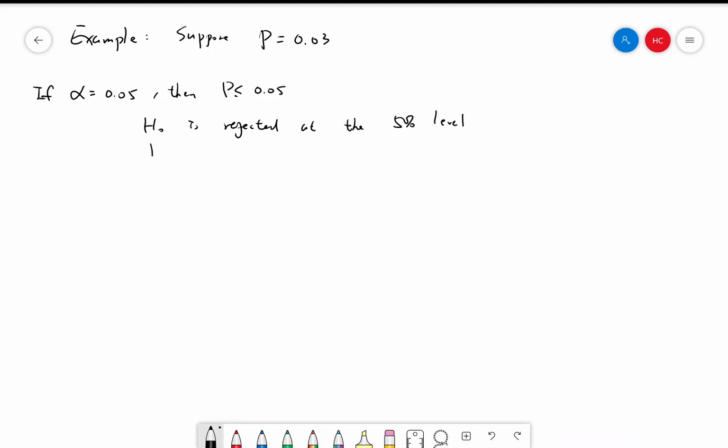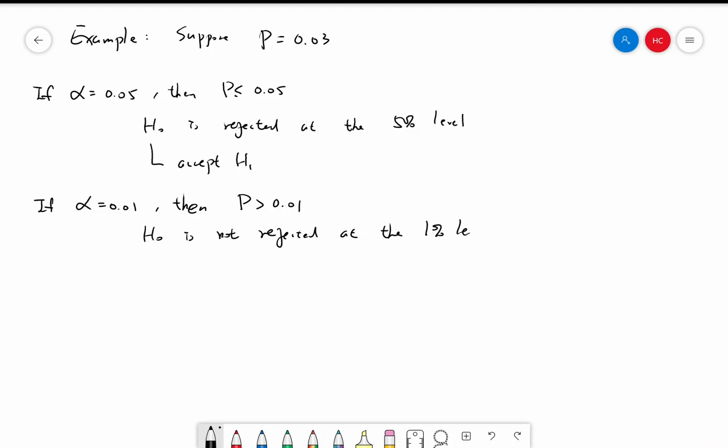That means we can accept H1 at this level. But if alpha is 0.01, then p is greater than alpha, so H0 is not rejected at the 1% level. Because H0 is not rejected, no conclusions can be made here.